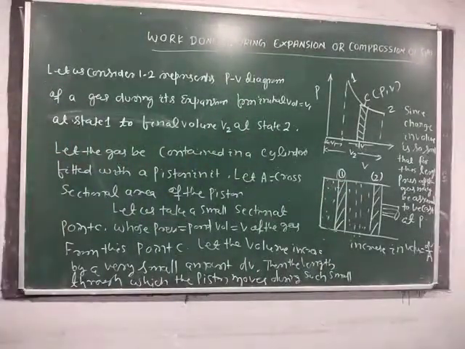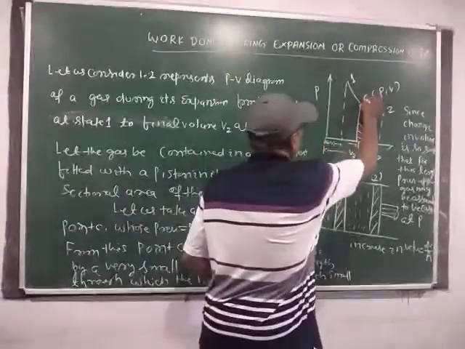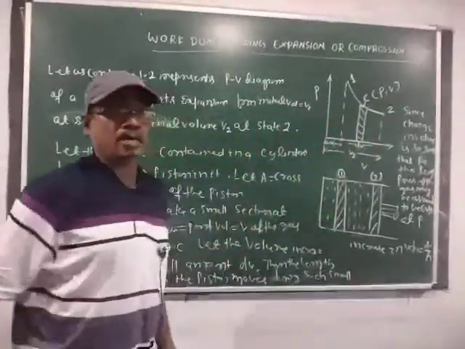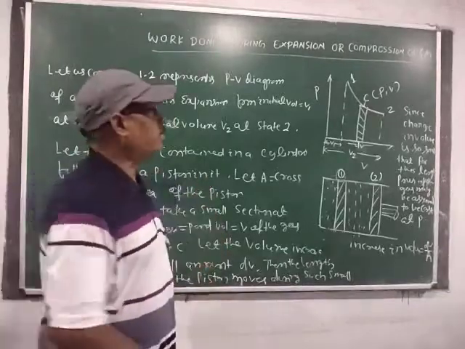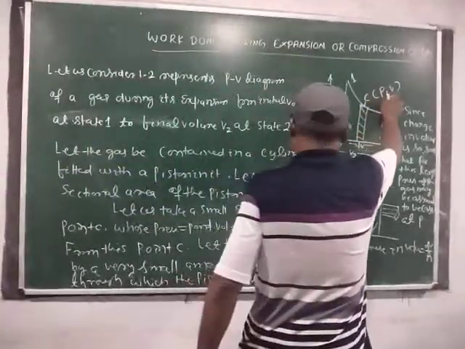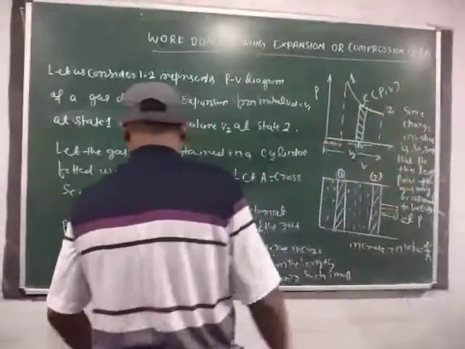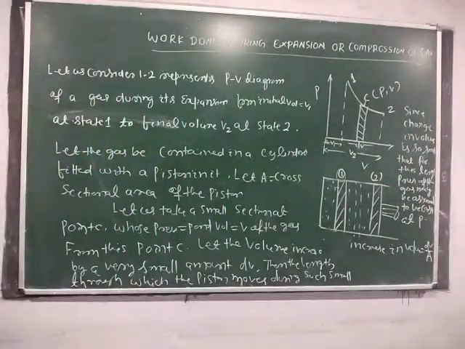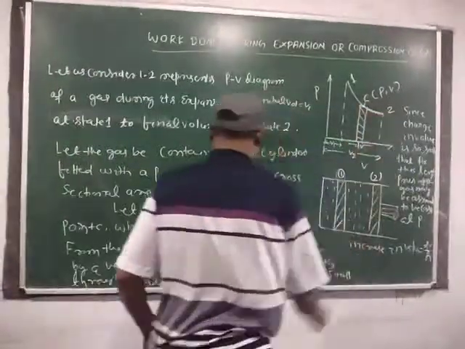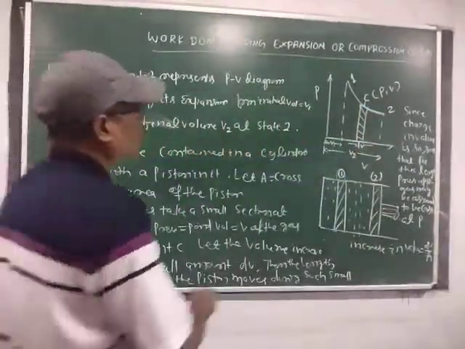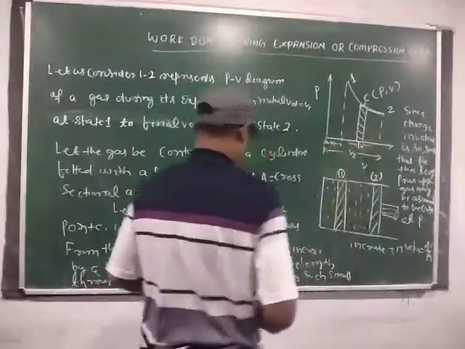Let A be the cross-sectional area of the piston. Let us take a small section at point C in the pressure volume diagram, where the pressure of the gas is P and the volume of the gas is V. From this point C, let the volume increase by a very small amount dV.